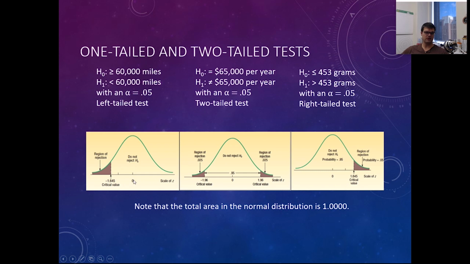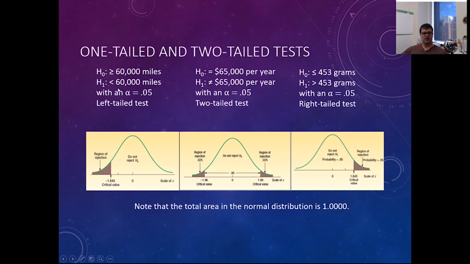So 60,000 really is right here, right in the middle. And then the arrow points to whichever direction the critical value is going to go. And that's really important. When it's a one-tailed test, the alternative hypotheses arrow will always point to the side where the critical value is, okay?